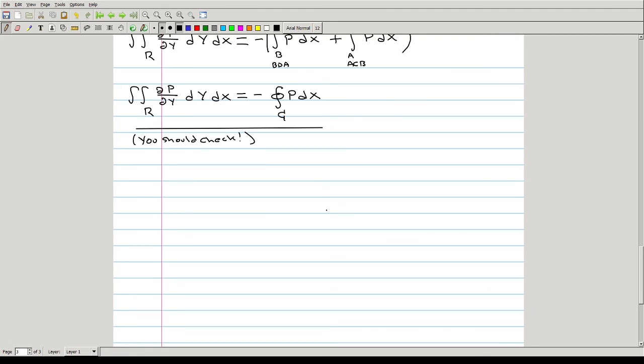The calculations are almost exactly the same, with just a couple of differences, mainly because the double integral of the function dq dx dy dx is going to be exactly equal to the closed line integral, not negative, no negative, the closed line integral of c times q dy.